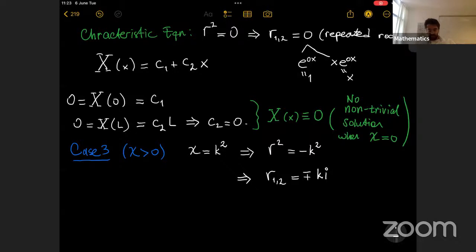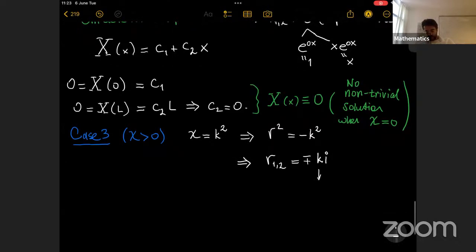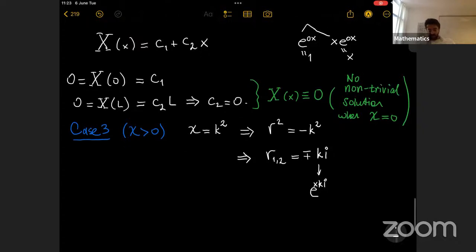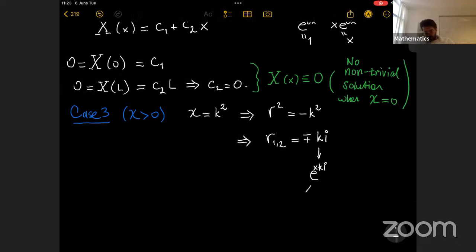For complex roots, we choose one of those, and from this we have the solution e to the kix. Well, two real solutions from this, cosine kx and sine kx, right?